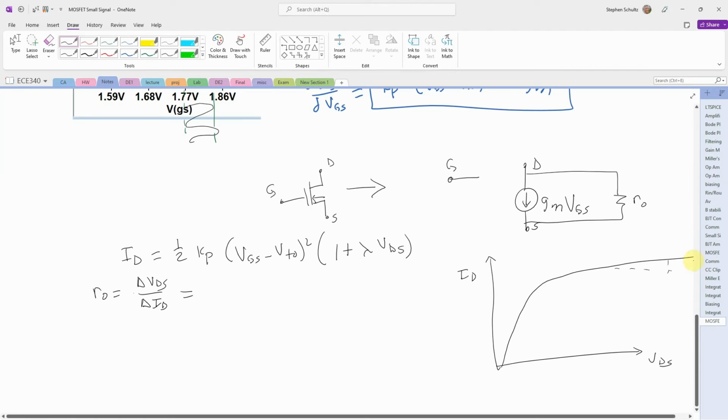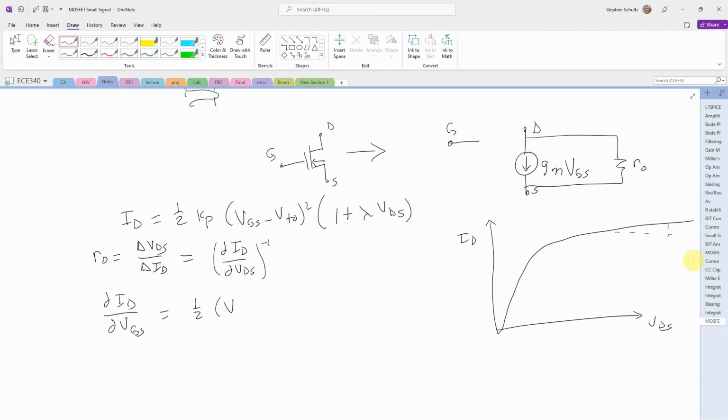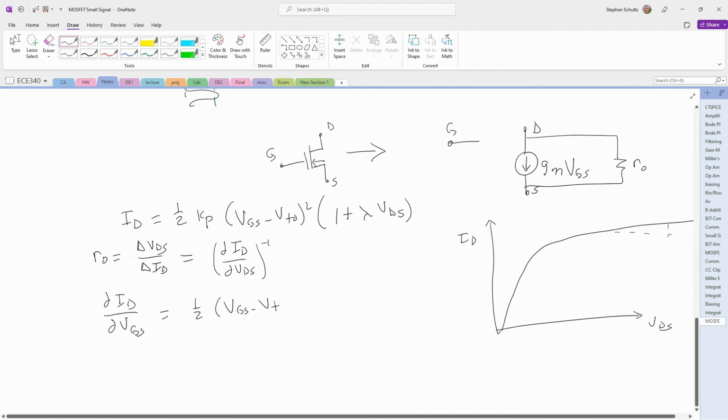which is going to be equal to the derivative of ID with respect to VDS, and then we're just going to flip that. So taking the derivative of ID with respect to VDS is going to be equal to 1/2 (VGS minus VTO) squared times lambda.